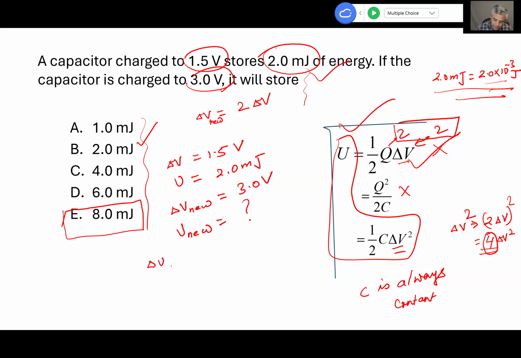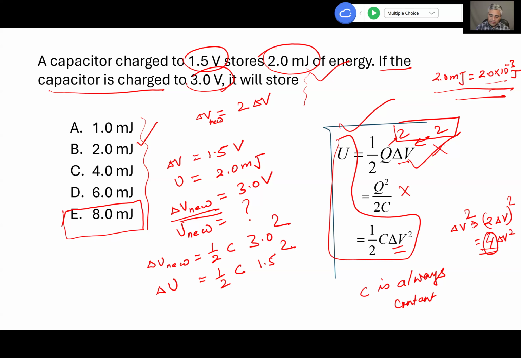So U new is half times C times delta V new squared, meaning 3.0 squared. And U old is half times C times 1.5 squared. C is not changing. It's the same capacitor. If the capacitor is charged, it means we did not switch the capacitor. So now to find U new, you divide that by the old energy.